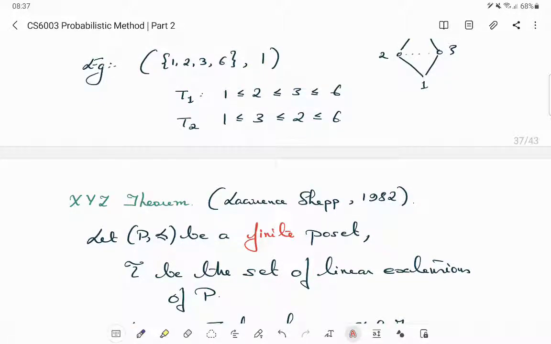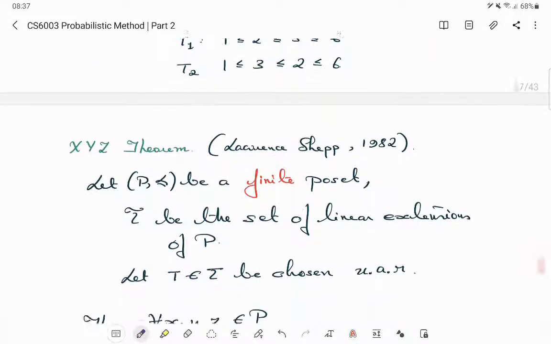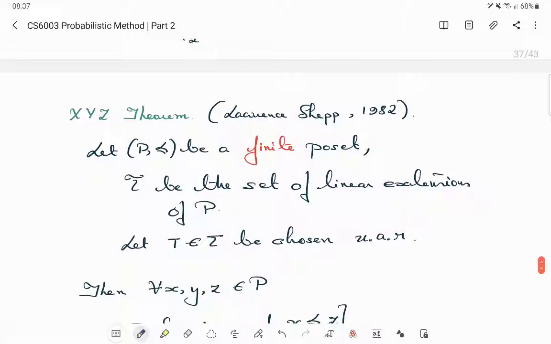For larger partial orders with a lot of incomparable elements, tau can be a very huge set, but still at most n factorial if n is the number of elements in P. But not all of n factorial as long as you have some order relations already inside P.